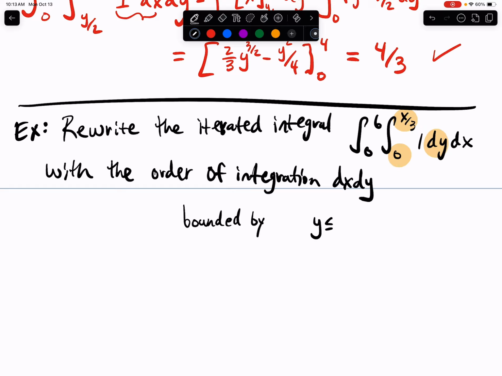Y is between two functions of x, 0 and x over 3. So I have y equal to 0 is a curve, and y equal to x over 3 is a curve.